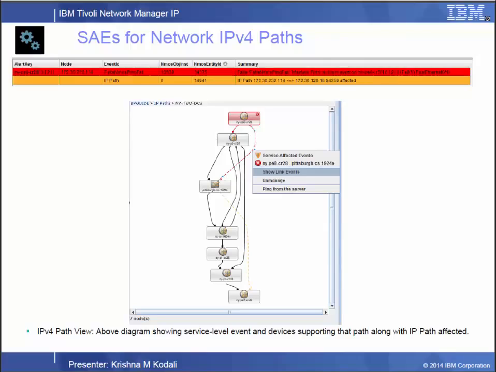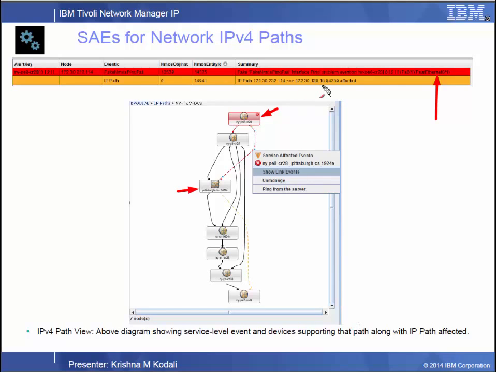Okay, so in the previous slide we looked at the example of MPLS VPN. This is the extension for the SAEs around IPv4 paths. In this example, we could see there is a link down on Fast Ethernet 0/1 on the New York router, which is this guy here, and then that is going via Pittsburgh to another New York data center.